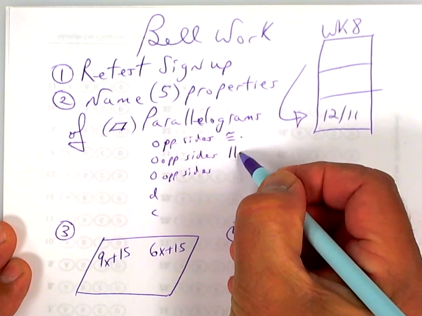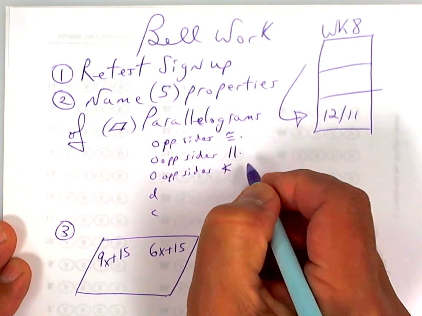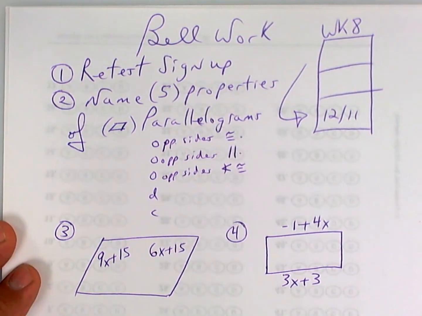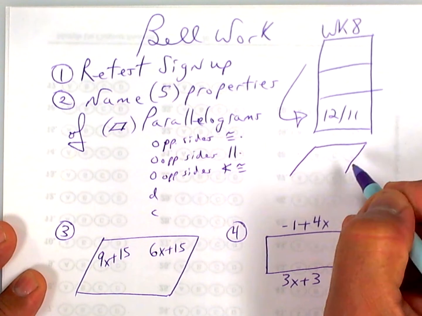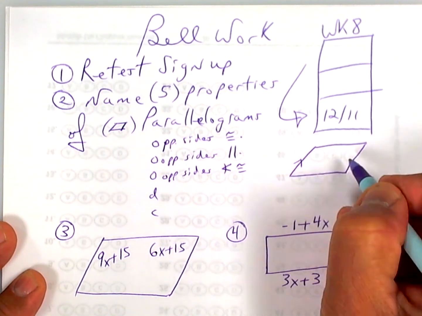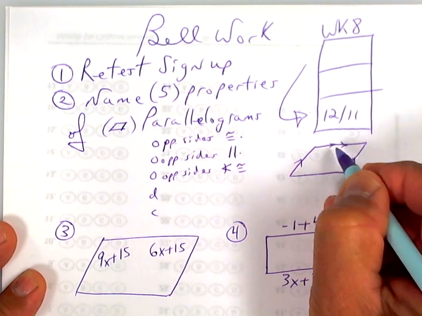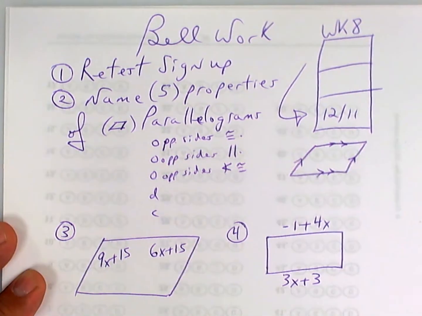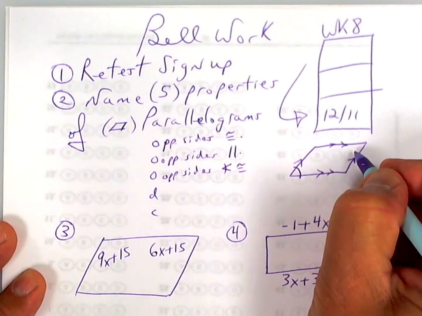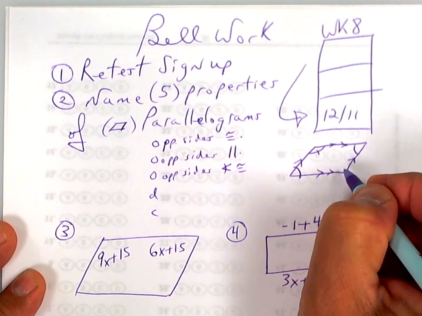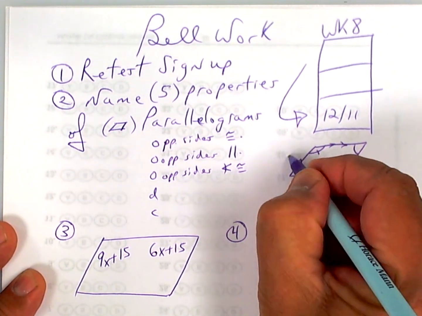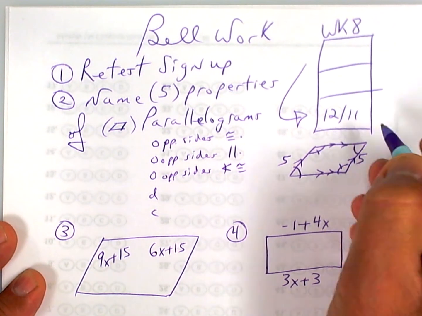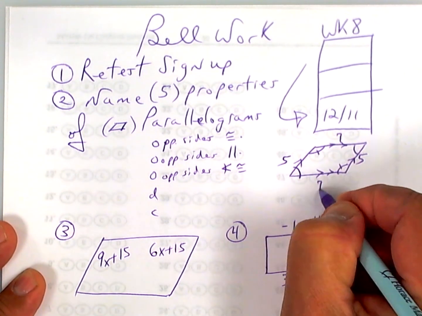We already have parallel. Opposite angles are congruent. Okay? So here's a parallelogram. This side is parallel. The upper side is parallel. This angle is equal to that angle, and this angle here is equal to that angle. And we know that opposite sides are equal. So that side is equal to that one, and the upper side is equal to the bottom.